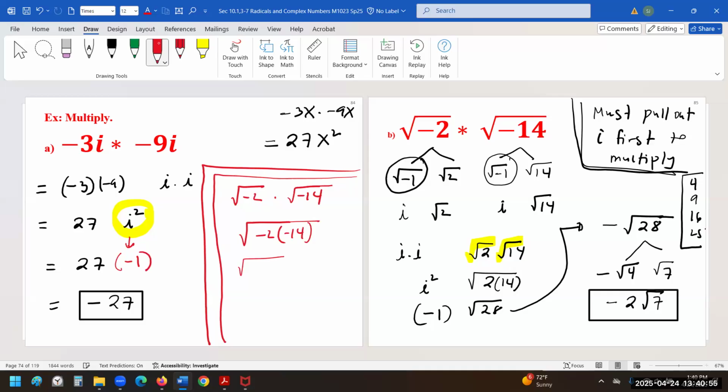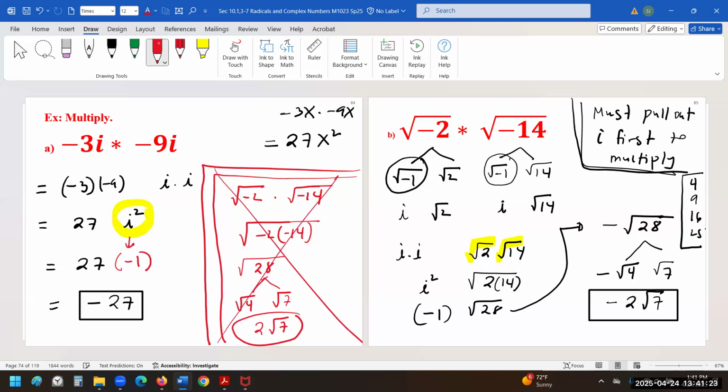That will give us, what is -2 times -14? Positive 28. And you already know positive 28 is square root of 4 and square root of 7, right? And square root of 4 is 2, square root of 7 is square root of 7. Do you have the same answer? See?